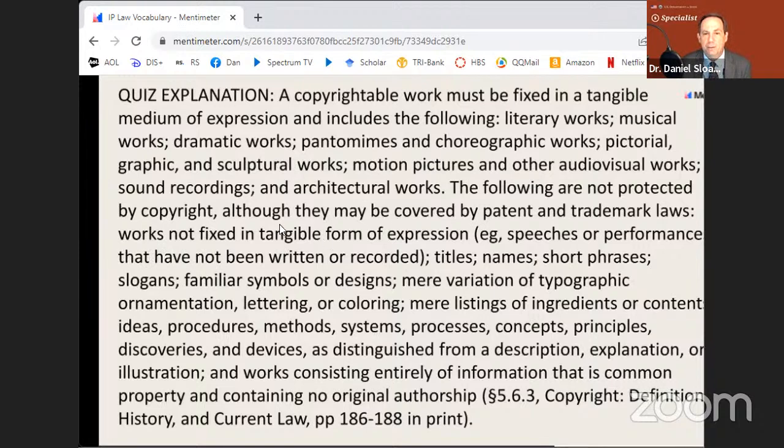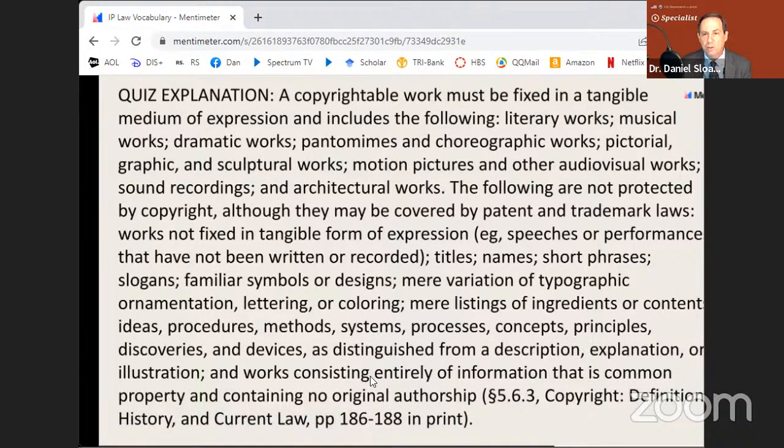The following might be protected by patent and trademark laws: works that are not fixed in tangible forms of expression, like speeches and performances that have not been written or recorded; titles, names, short phrases, slogans, familiar symbols or designs, mere variations of typographic ornamentation, lettering, or coloring; mere listings of ingredients or contents; ideas, procedures, methods, systems, processes, concepts, principles, discoveries, and devices as distinguished from a description, explanation, or illustration; and works consisting entirely of information that is common property and containing no original authorship.